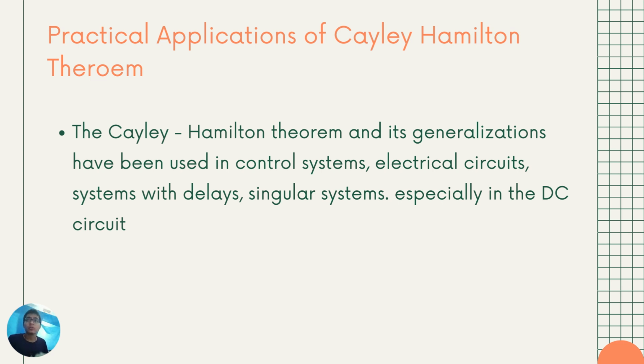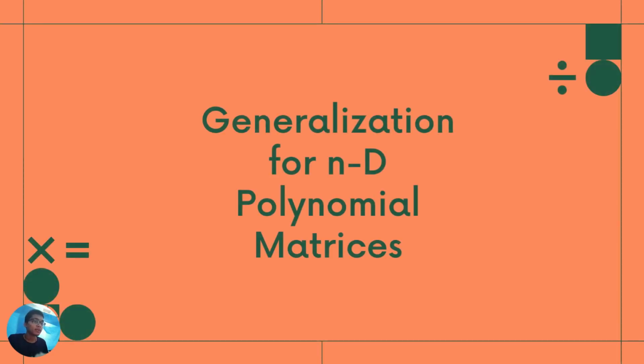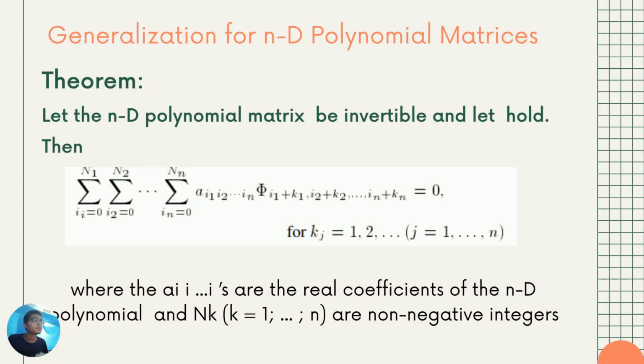Now, let's move on to the more cliche and the important topic of today's presentation, that is generalization for ND polynomial matrices. Let the ND polynomial matrix be invertible and let hold them.